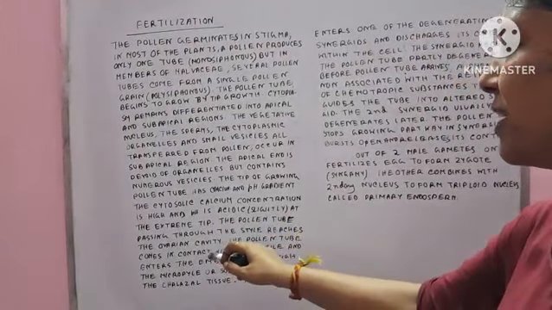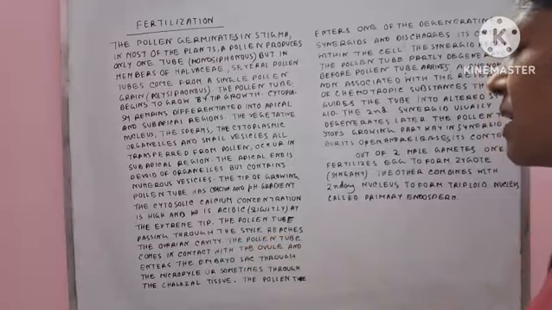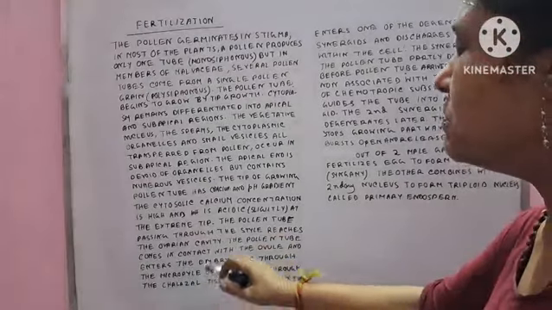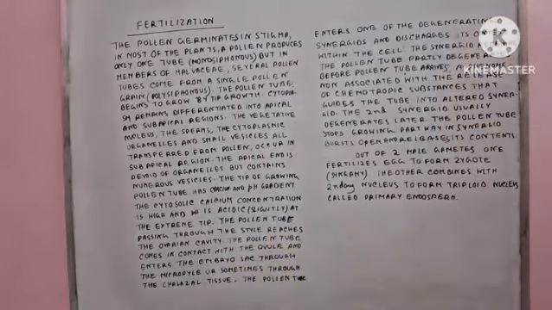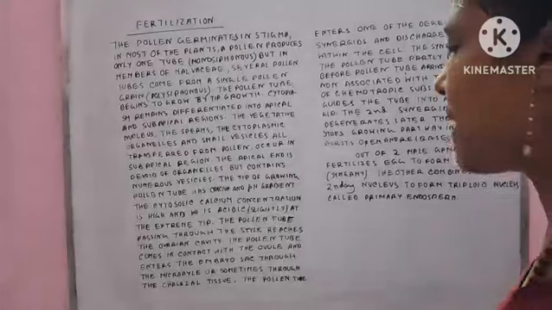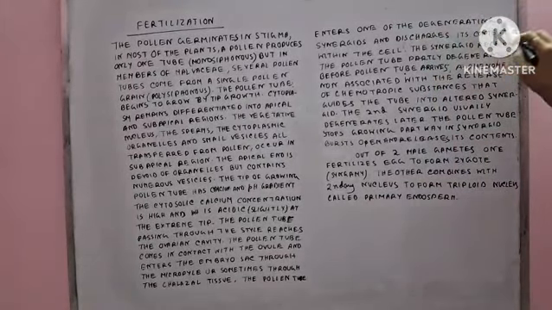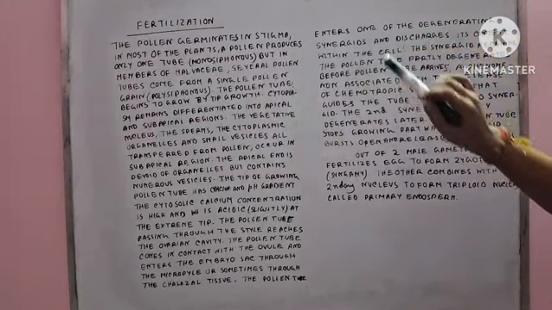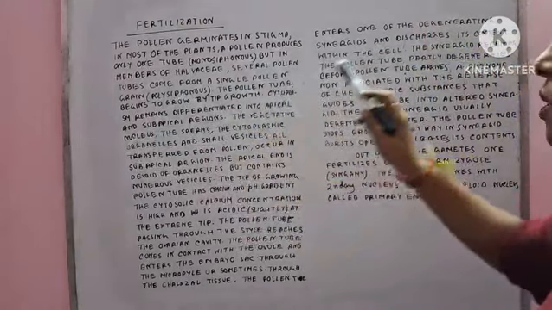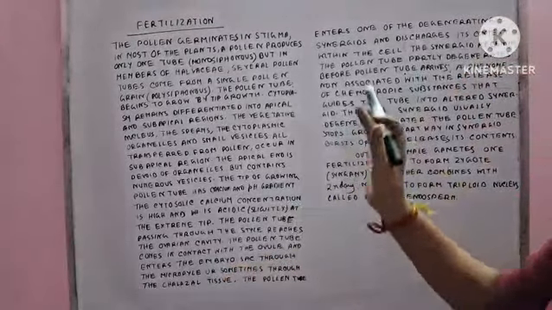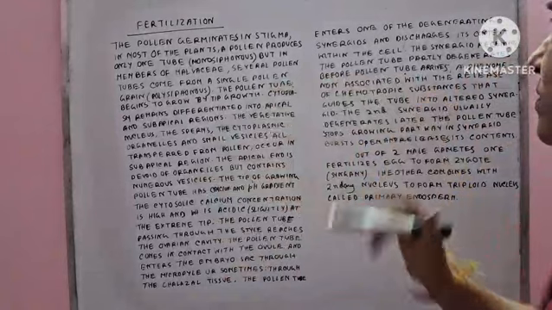Through the micropyle, or sometimes the chalazial tissue also helps the pollen tube to enter the embryo sac. The pollen tube enters one of the degenerating synergids. What are the synergids? What is the chalazial tissue? These terms are already explained, so check out the previous videos.